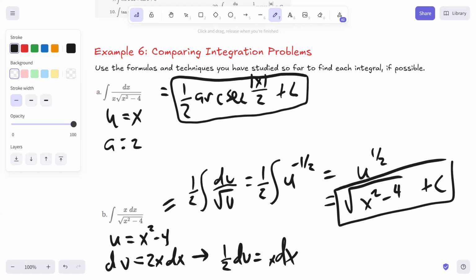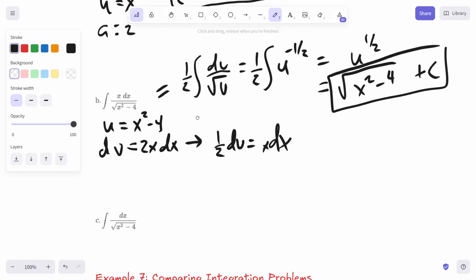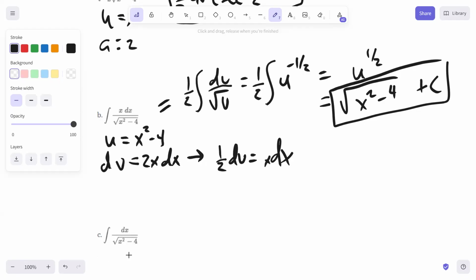All right, and then this last one we had here is dx over square root x squared minus 4. This one we can actually not figure out with the techniques that we've looked at so far.